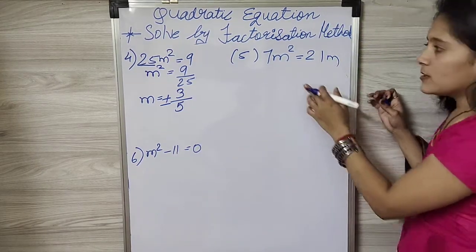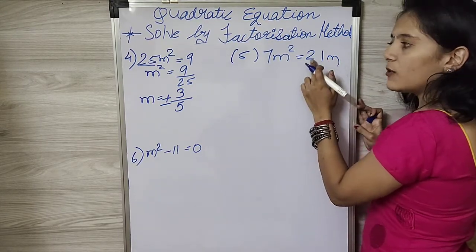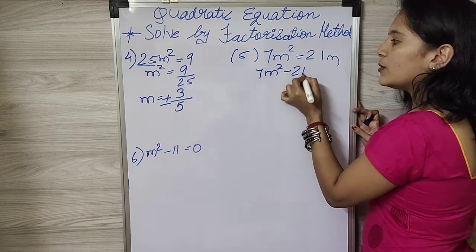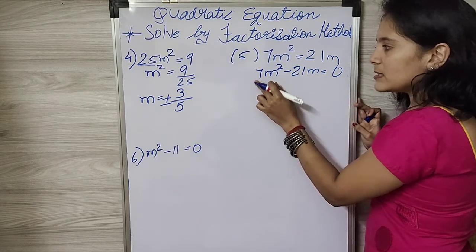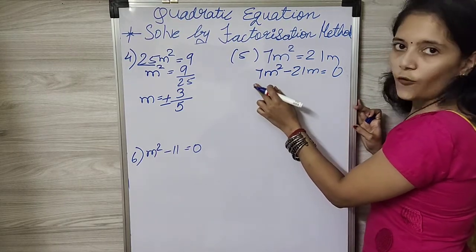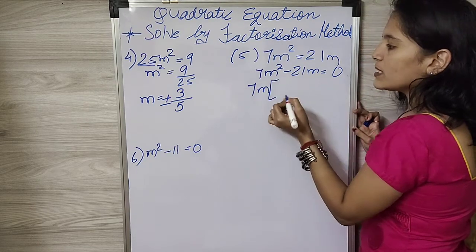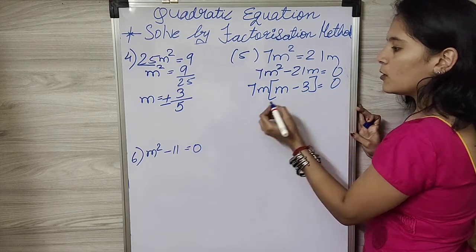Now the next question. 7m square is equal to 21m. Shifting 21m to this side, this becomes 7m square minus 21m is equal to 0. Now what is common here? Is 21 divisible by 7? Obviously yes. So I am taking out 7m as common. What is left here? m minus 3 is equal to 0.